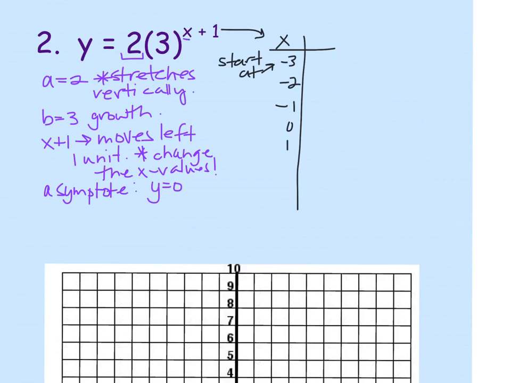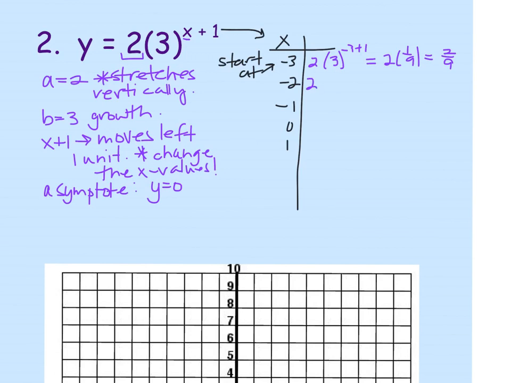When x equals -3, we have 2 times 3 to the -3 plus 1. Well, -3 plus 1 is -2. 3 to the -2 would be 1 over 3 squared, so that's 2 times 1/9. 2 times 1/9 is just the same as 2/9, so not a very big output. 2/9 is way less than 1.